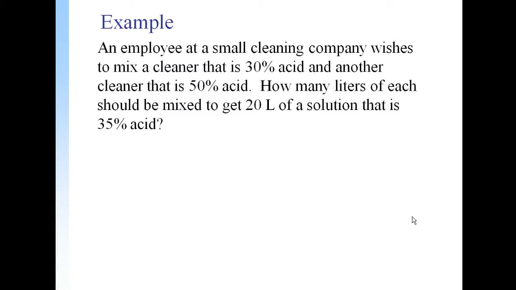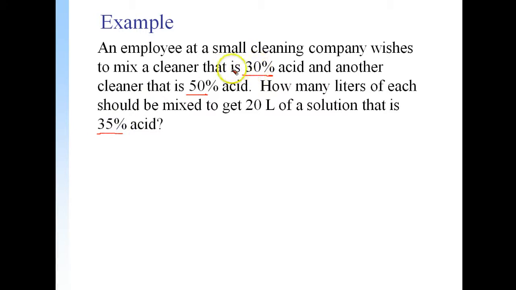Okay, now we're going to do something else, which is a mixture problem, similar to what we've just done. But again, you want to watch it carefully because if you have a mixture problem, this is what you'll need to know. And let's look at it carefully here. So a cleaning company wishes to mix cleaner that is 30% acid and another that's 50% acid to get a mixture that is 35%.